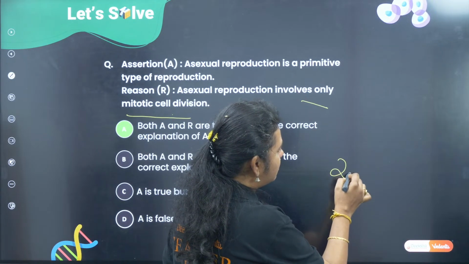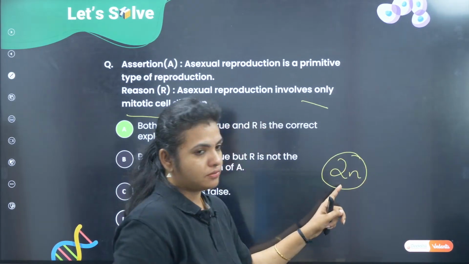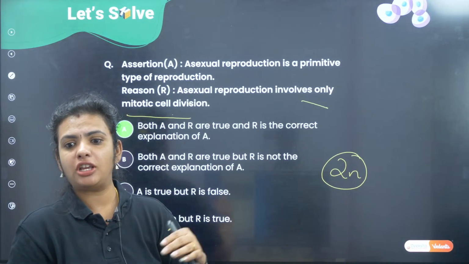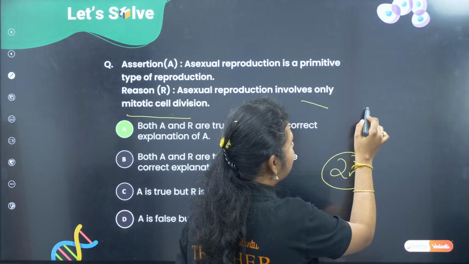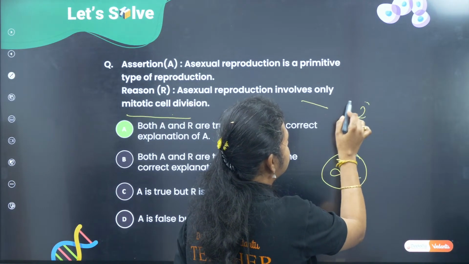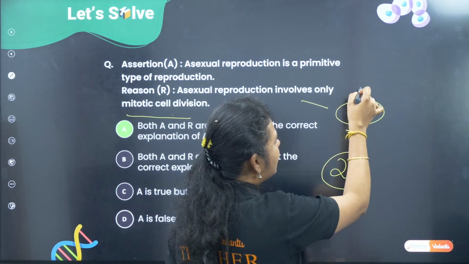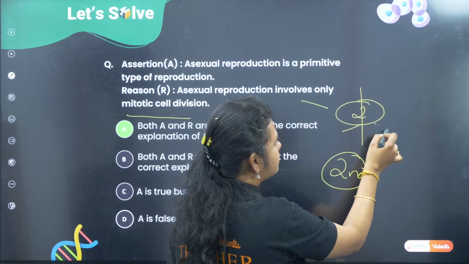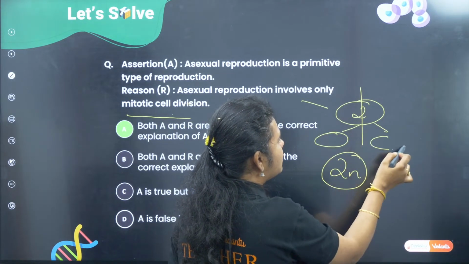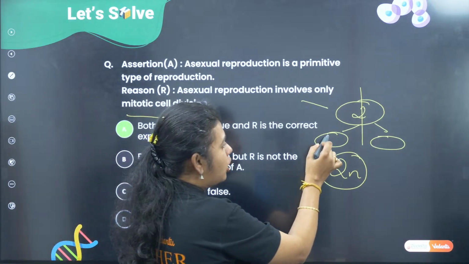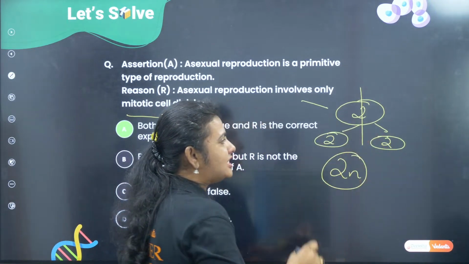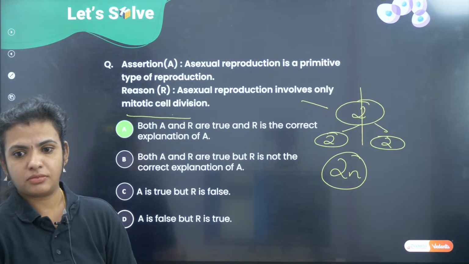Let's say I have 2N, a diploid structure, or if you want in terms of number, let's say I have an organism, a bacterium, which has 2 chromosomes. This undergoes binary fission to give rise to two daughter cells, and each daughter cell is going to have the same number of chromosomes.